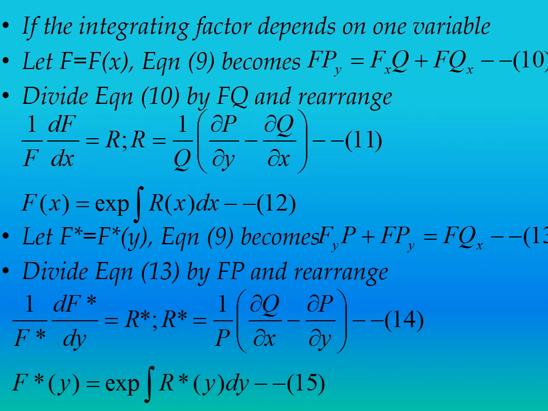Now you divide this equation throughout by fQ, then it is (1/f) df/dx = R, and R = (1/Q)(∂P/∂y − ∂Q/∂x). So here df/f = R dx. Now if you integrate, then f(x) = exp(∫R(x) dx). So this is one way of getting an integrating factor.